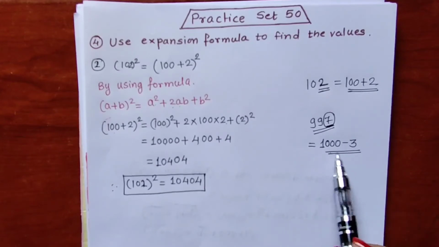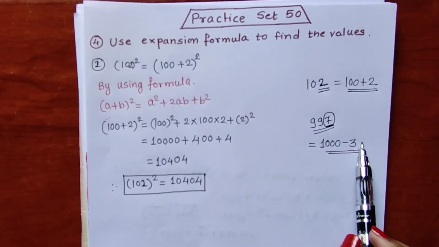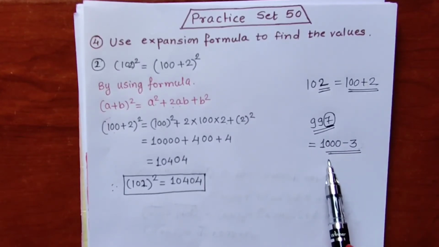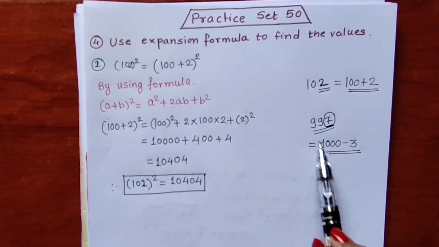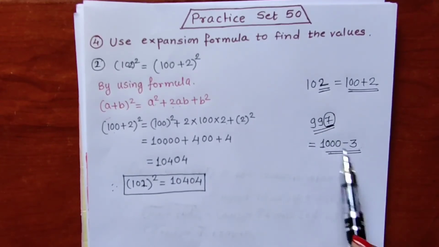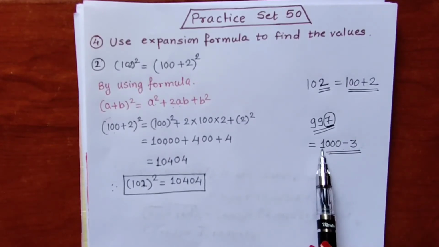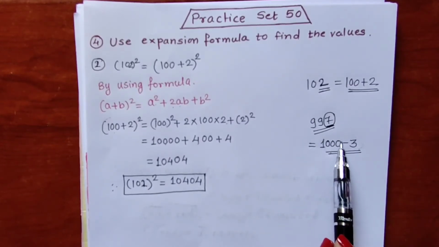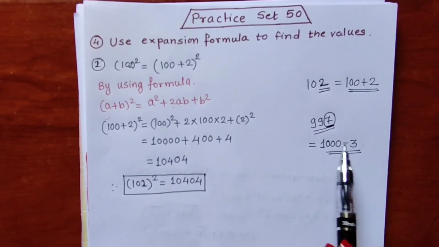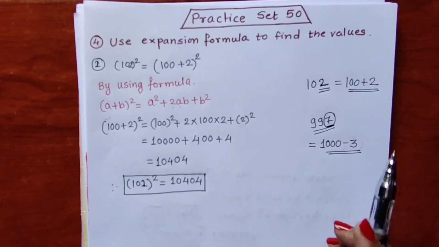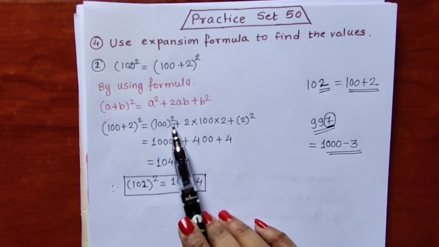These numbers should be such that we can write their square easily. When we are converting these numbers into a subtraction or addition of binomials, we have to convert them into numbers whose square is very easy to find. Like here we found the square of 100.